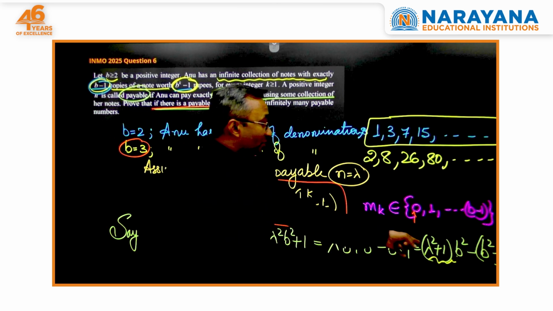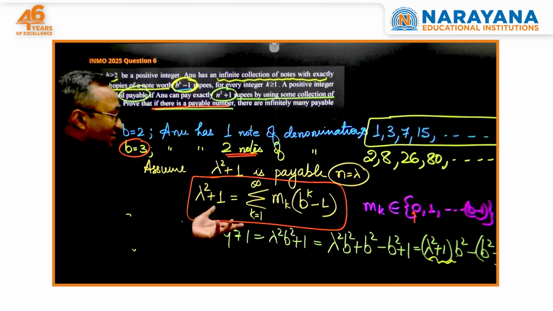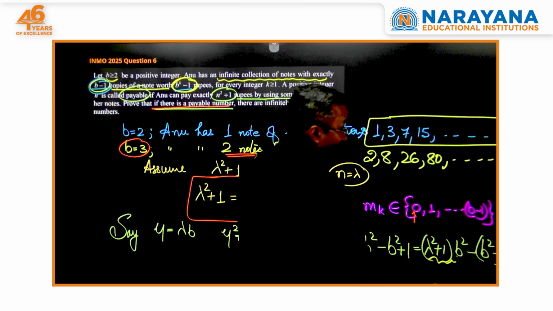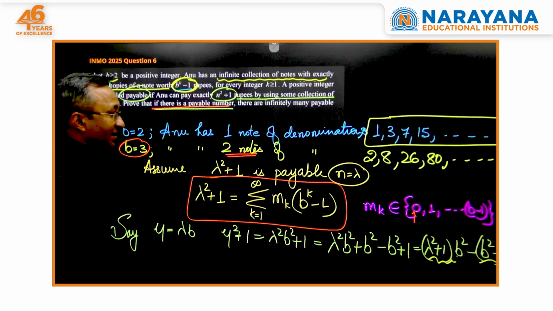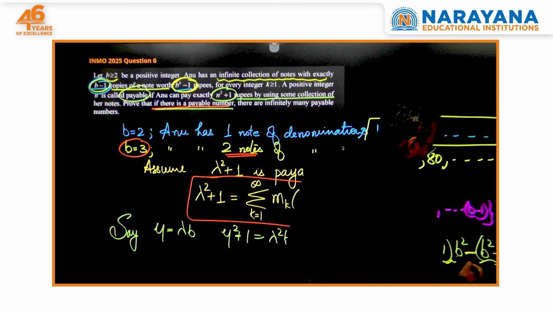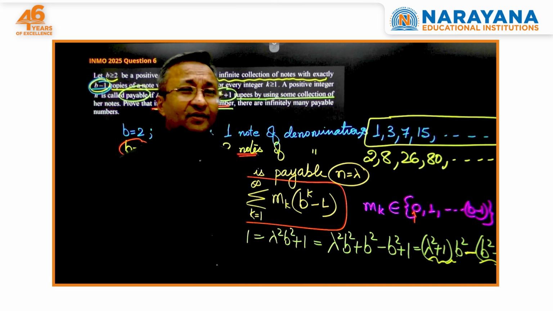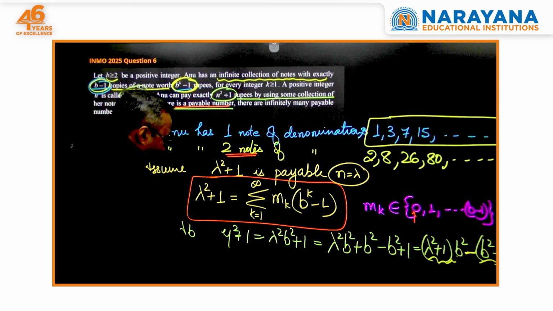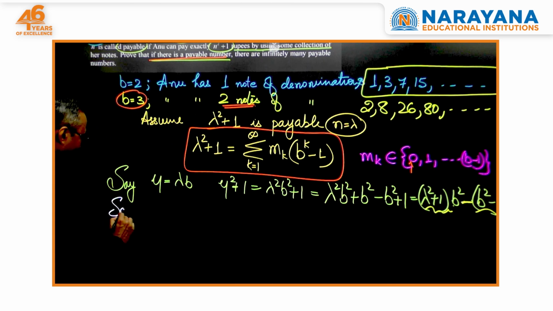But when it comes to b square, fair enough, lambda square plus 1 is payable and b is in your control. b square minus 1 is payable because that denomination note is with you, because b is already there. But the challenge is, how would you explain paying with a minus sign in terms of taking away money?